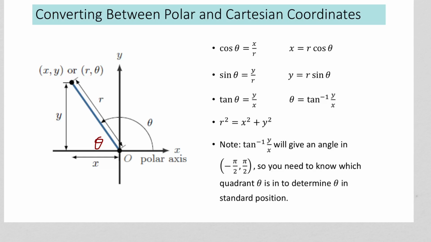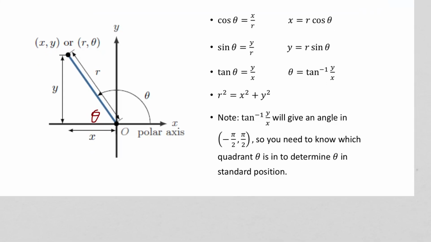Okay, so this is an important note here, and when we're trying to find our angle theta, we would take the inverse tangent of y over x, our reference angle. Now, because we had to put domain restrictions and range restrictions, so to speak, on our inverse trig functions, the range of our inverse tangent function is restricted to negative pi over 2 to pi over 2.